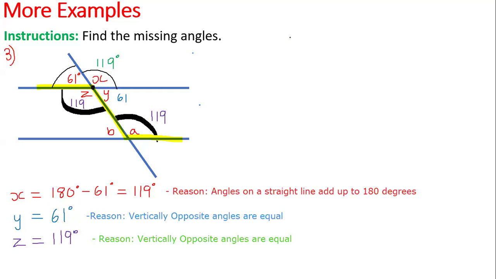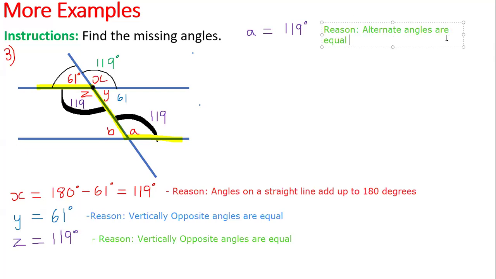So we're going to say that angle A is equal to what? 119. Why? What's the reason? Because it's an alternate angle. Very good. Because alternate angles are what?